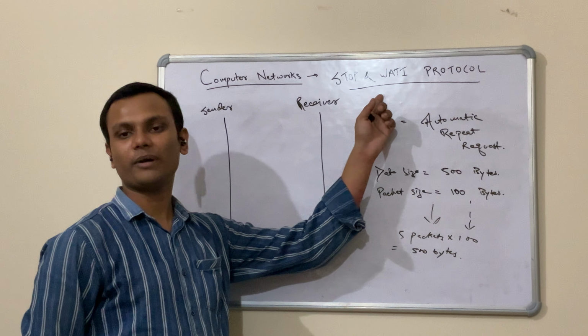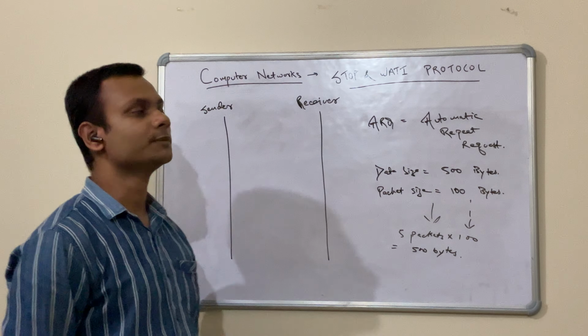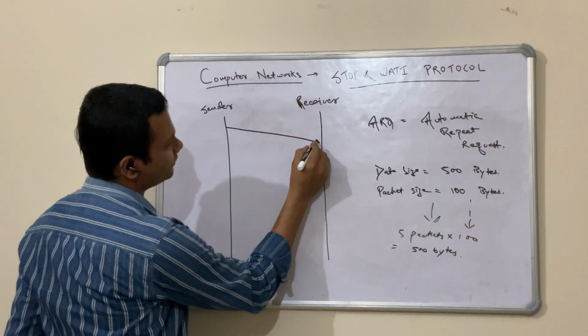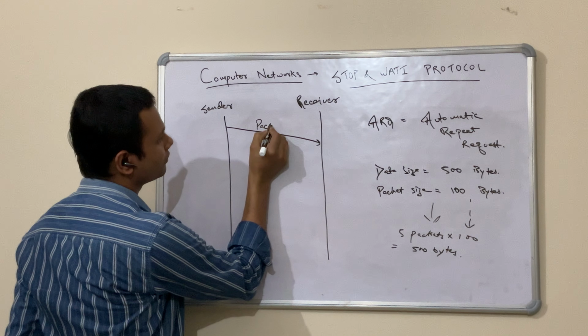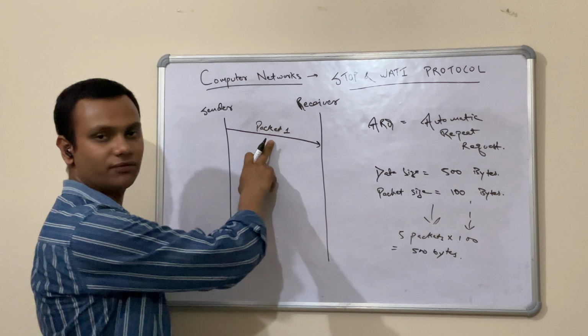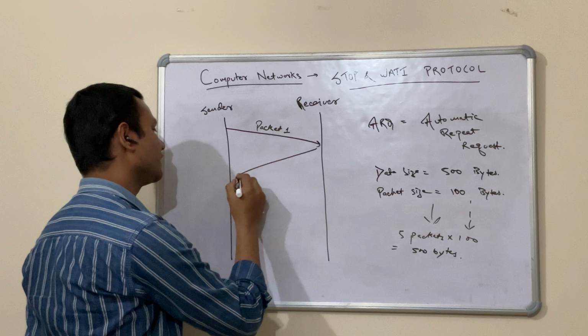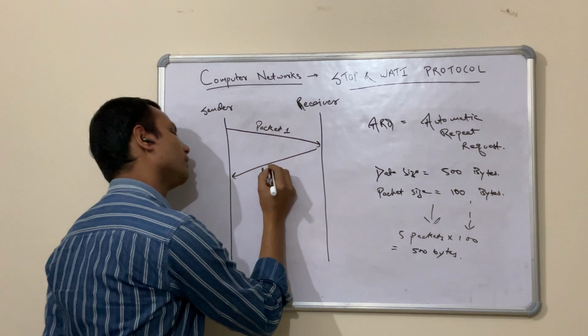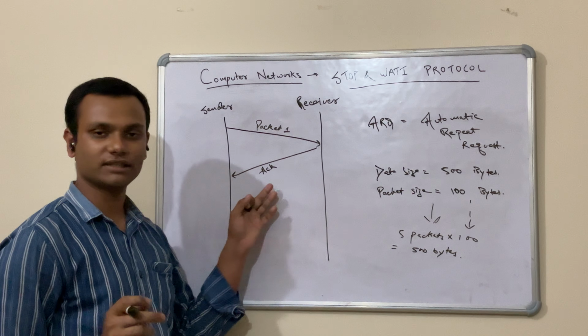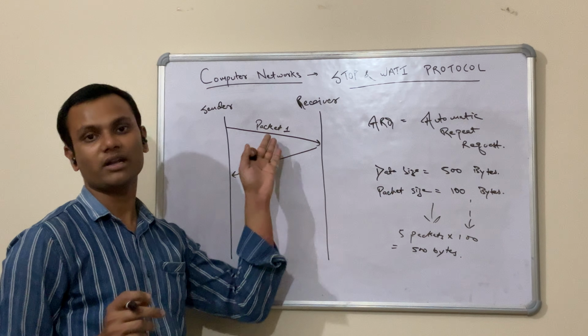So how this stop and wait protocol works, let me tell you. The sender sends the first packet. When the receiver receives the first packet, it sends the ACK. ACK stands for acknowledgement. Basically, it acknowledges that yes, this packet has been received.